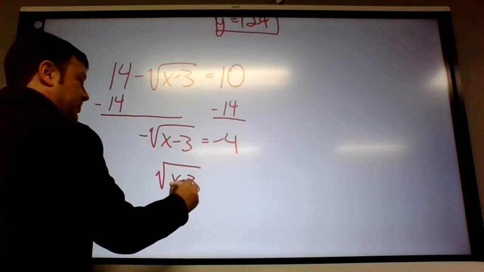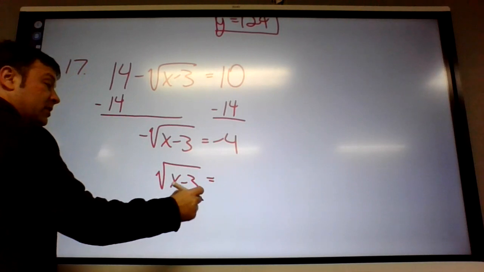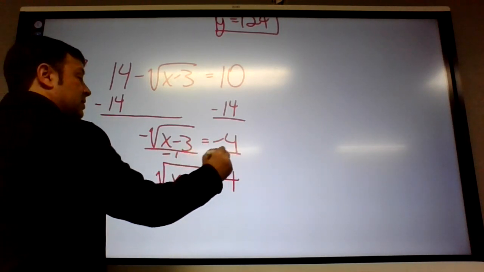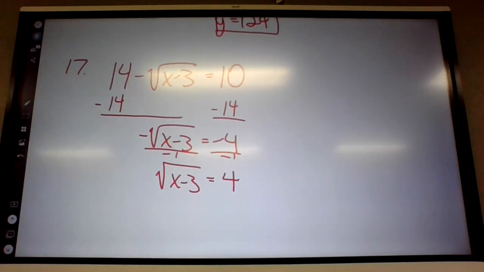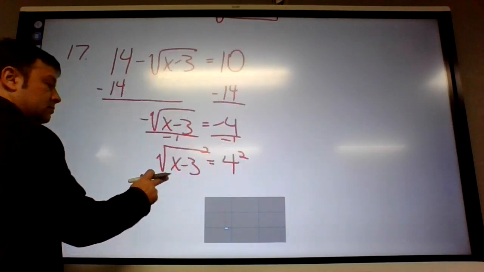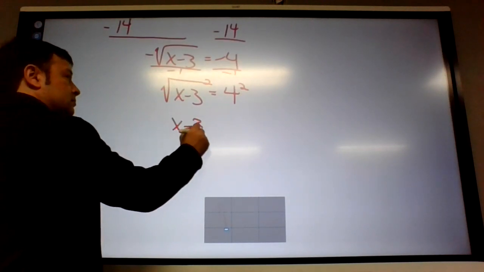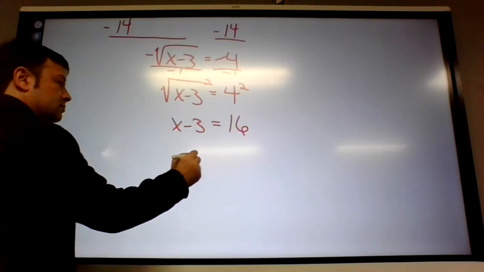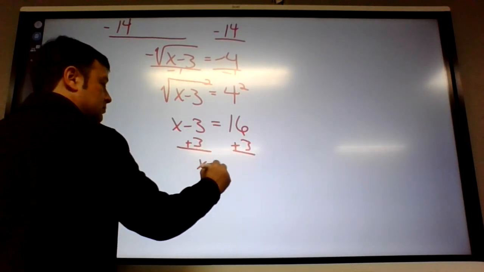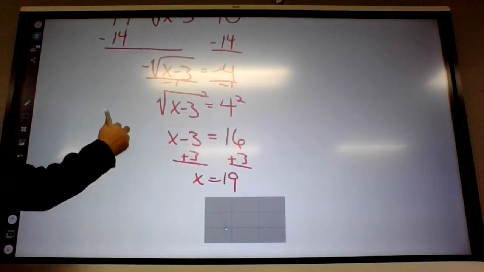So when you multiply, or you can even say divide by -1, the signs are just going to switch. And then you square it. And add 3. All right, 19.